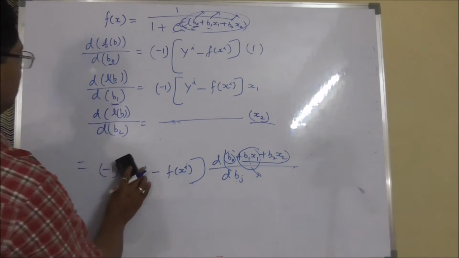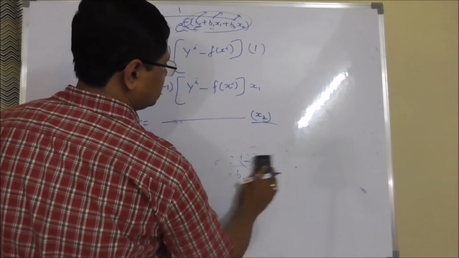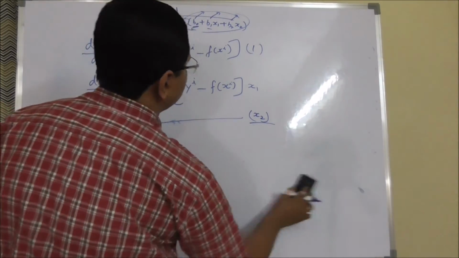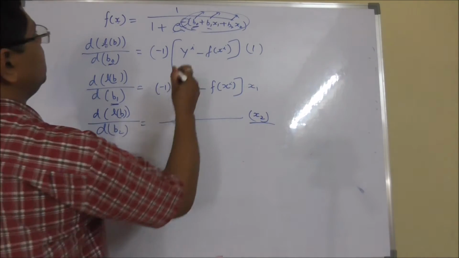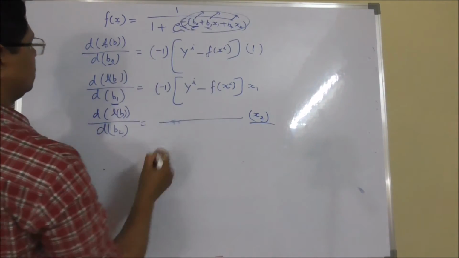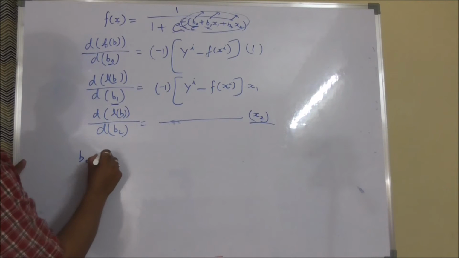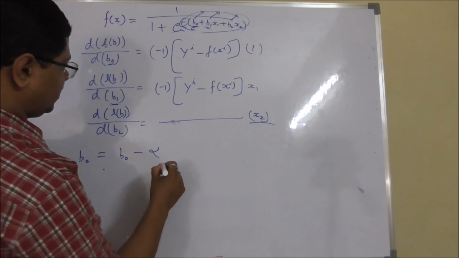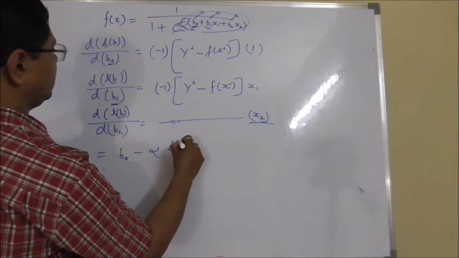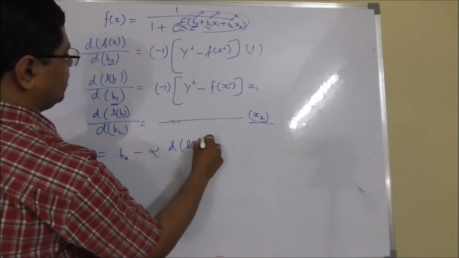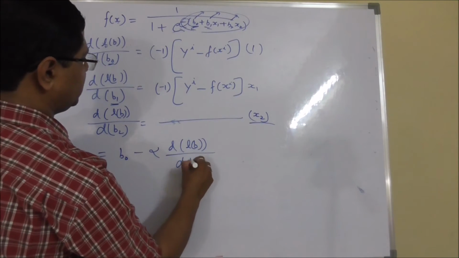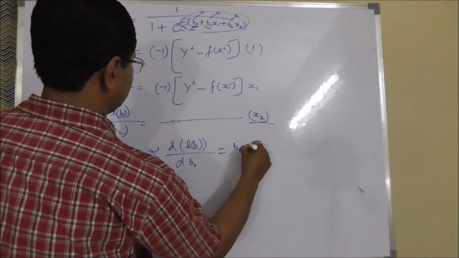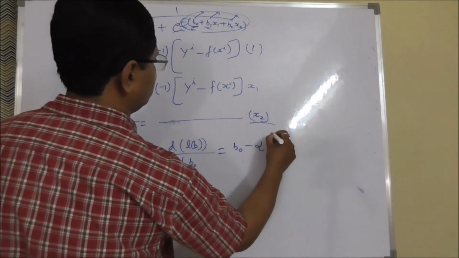So now we use stochastic gradient descent for each iteration to learn the weights of b0, b1 and b2. How to learn the weight of b0? The weight of b0 will be equal to b0 minus alpha times the derivative of L with respect to b0.